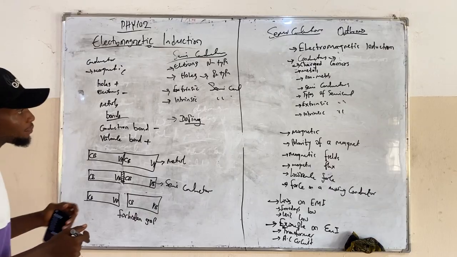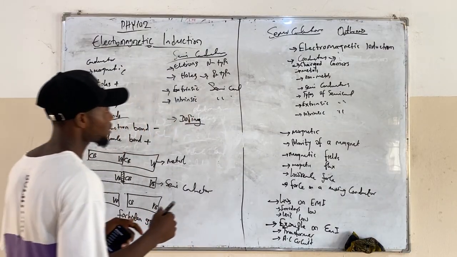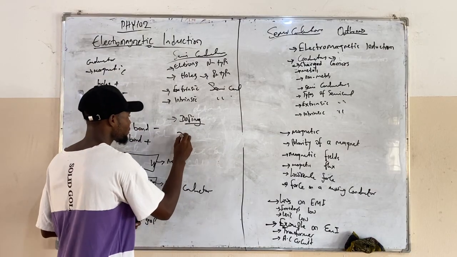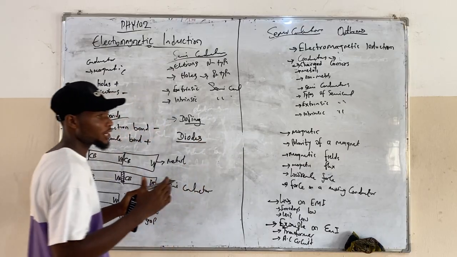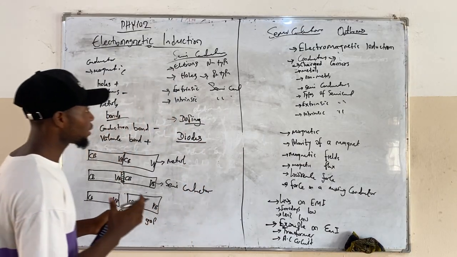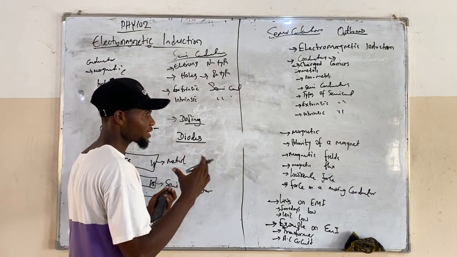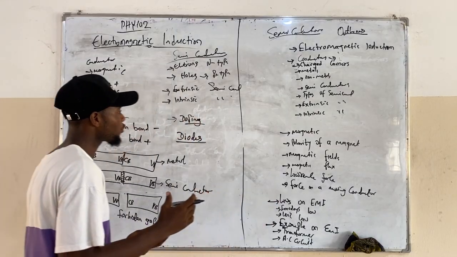An example of such, we have diodes. I'm not going to venture into that now, but of course you know that diodes are normally semiconductors.